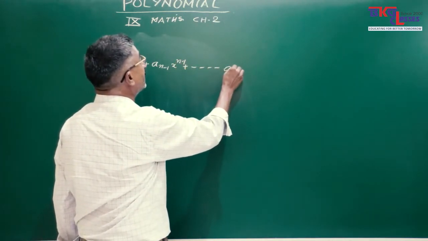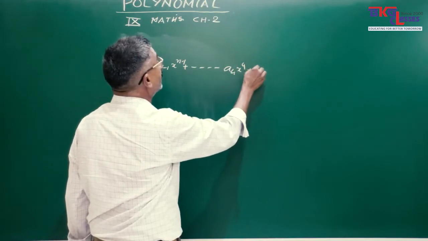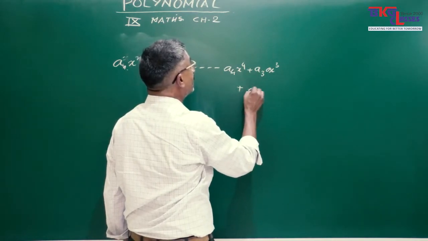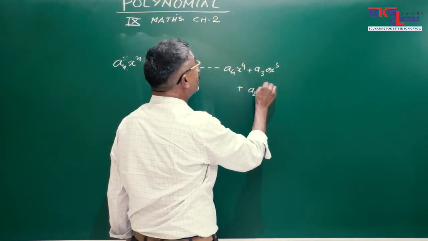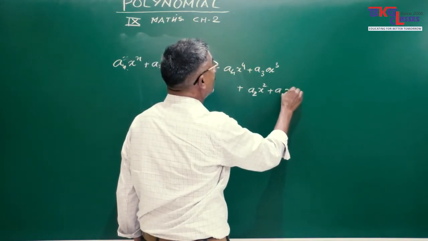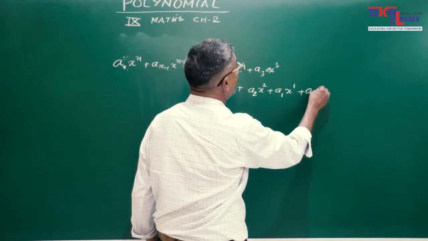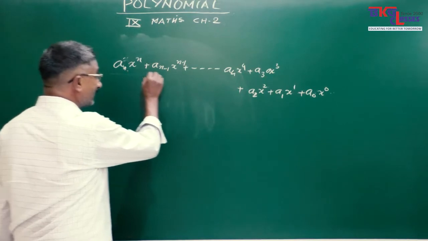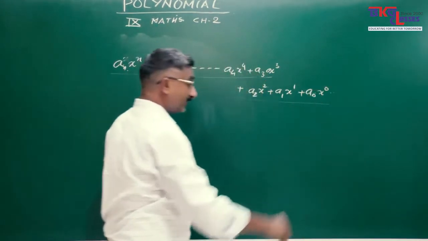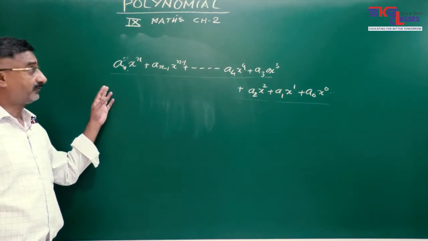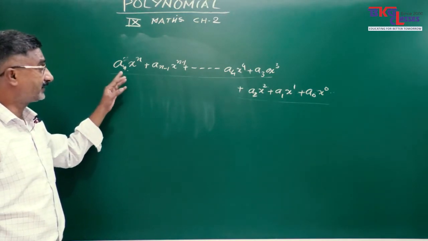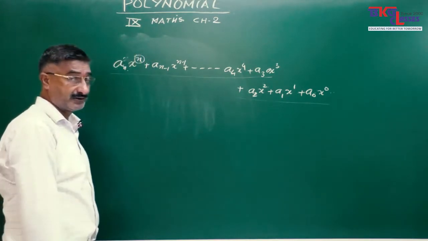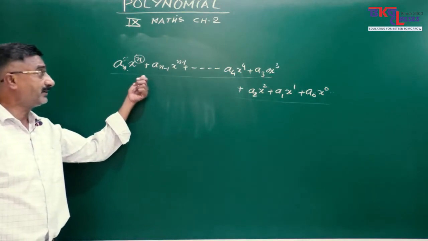So you can say a4 x raised to the power 4 plus a3 x raised to the power 3 plus a2 x square plus a1 x raised to the power 1 plus a0 x raised to the power 0, like this. So what we can say, this is the polynomial equation of how much degree? Highest degree is nth degree. Clear? This is the polynomial equation in nth degree.